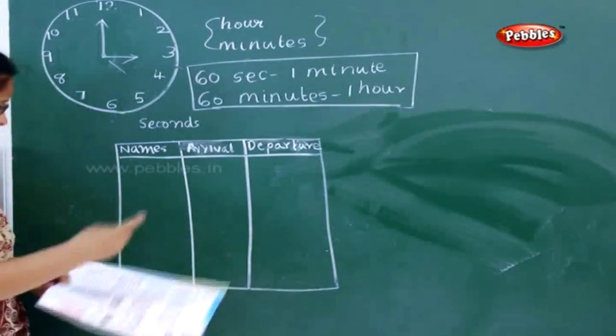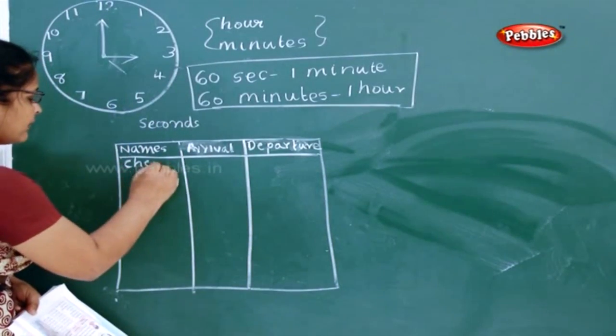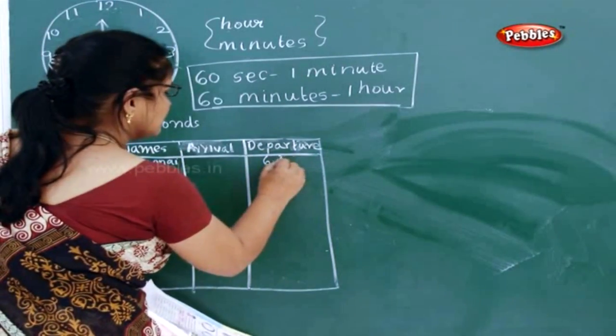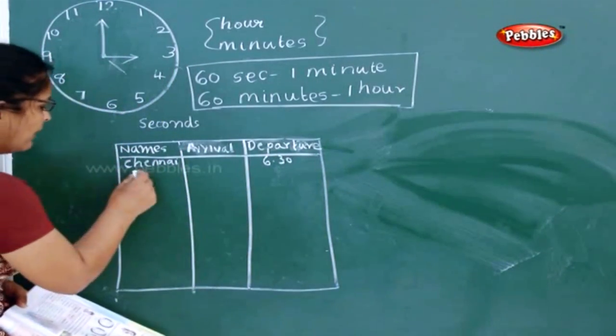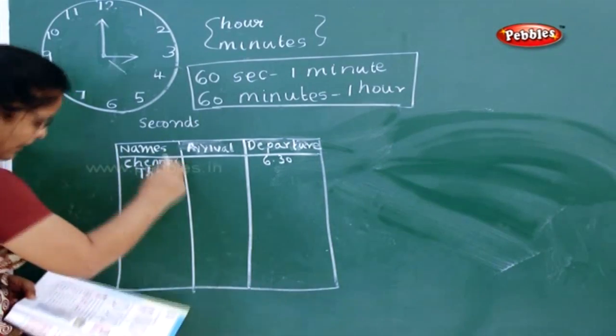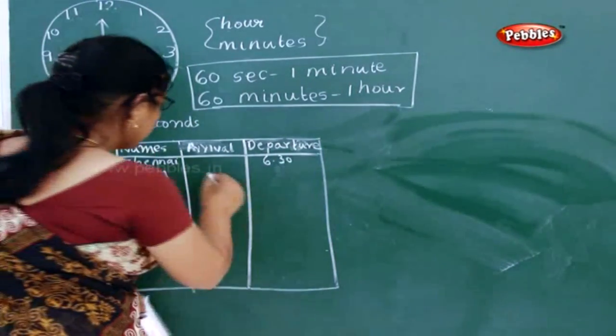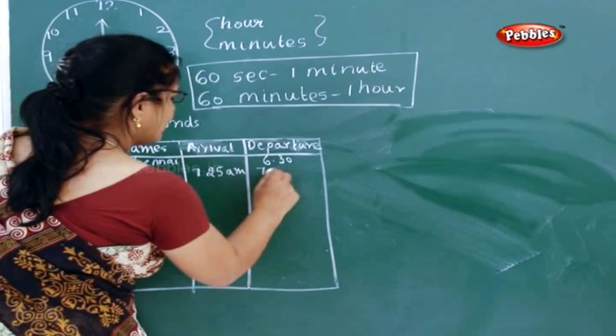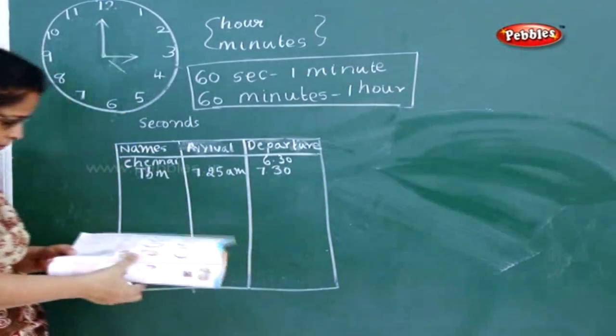Now what is the first place? From Chennai he started. From Chennai 6:30 a.m. Then Tambaram, I am writing TBM, Tambaram he reached, it was 7:25, their bus arrived, and 7:30 it departed from Tambaram.